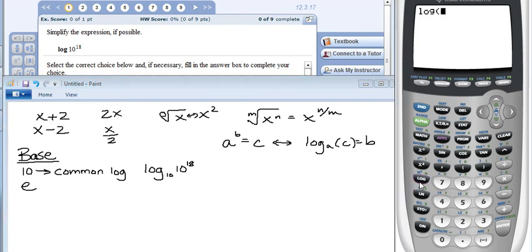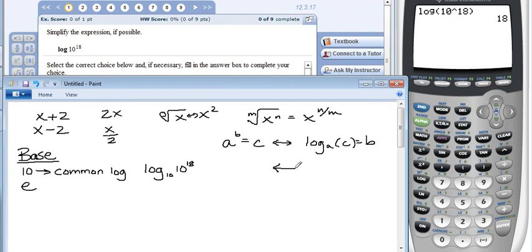So if I hit the log of 10 raised to the 18th power, I get 18. Why is that? Well, let's take a look at it exponentially, and it'll show itself here. I'm going to write down log base 10 of 10 to the 18th equals b, and I'm going to convert it over here.